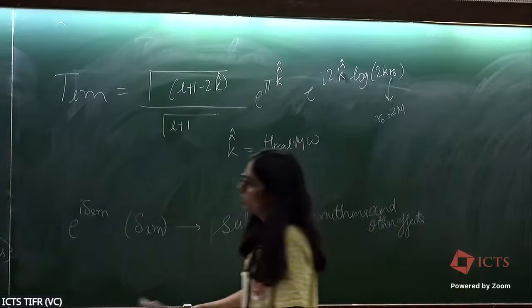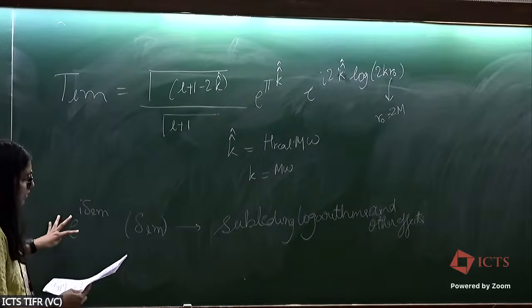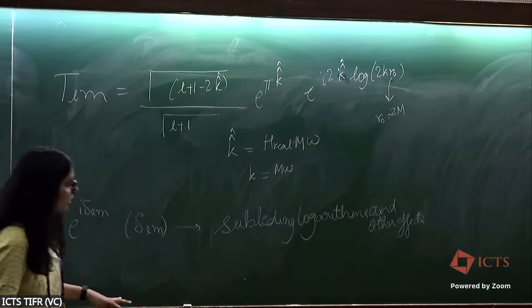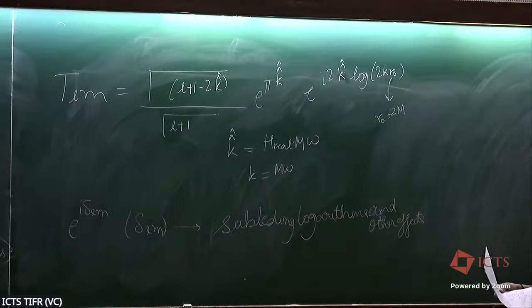So basically what we are doing here is it captured the source factor. It is capturing some part of the phase, and whatever is remaining in the phase, or the complementary dephasing term, is now being captured in this delta lm, which is coming because of the subleading logarithmics and other effects.